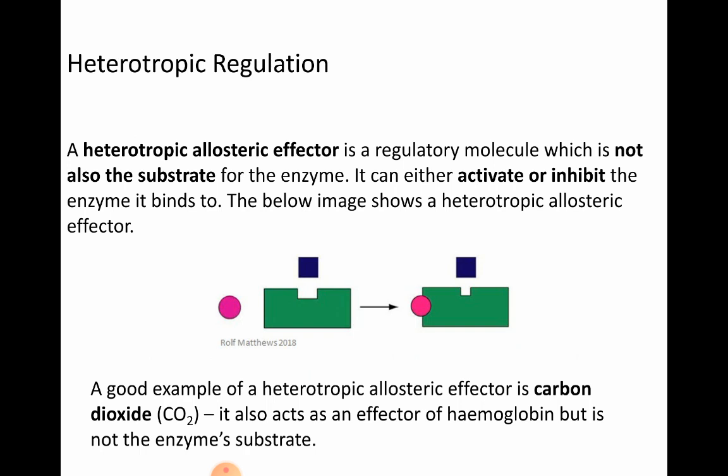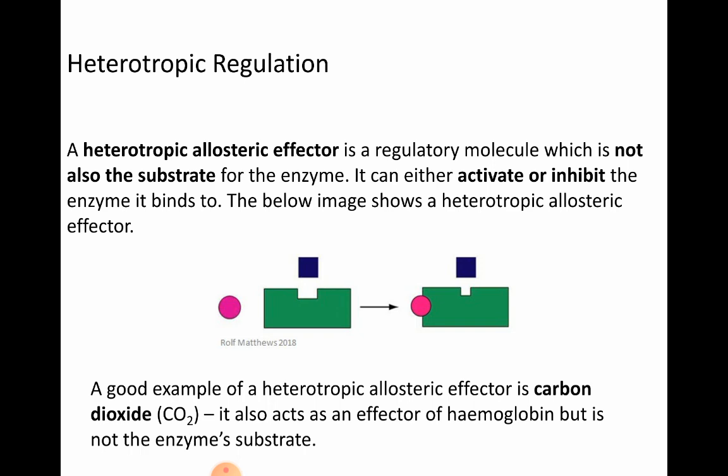Heterotropic regulation. Here a heterotropic allosteric effector is a regulatory molecule which is not also the substrate for the enzyme. So here the substrate is different and the effector molecule is different. Hence we call it heterotropic regulation.